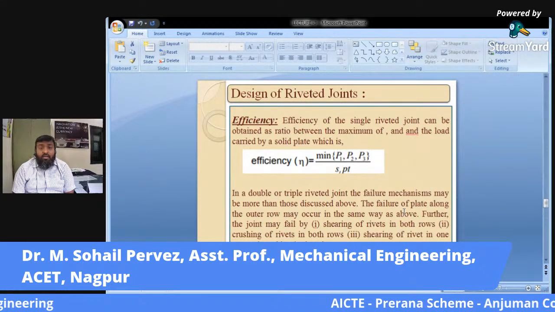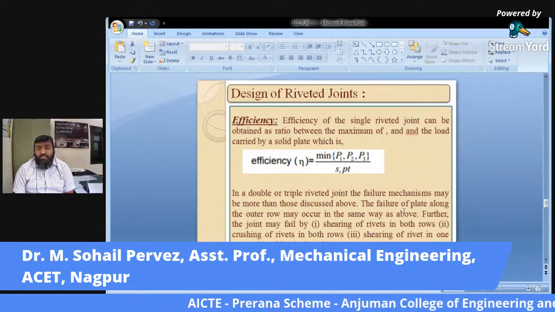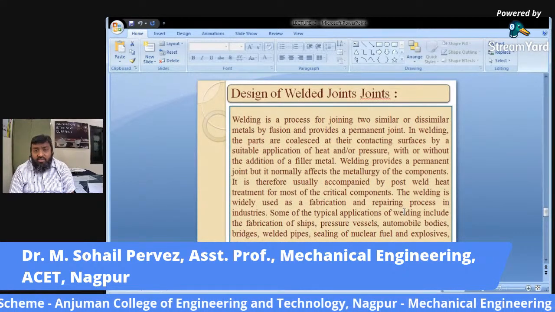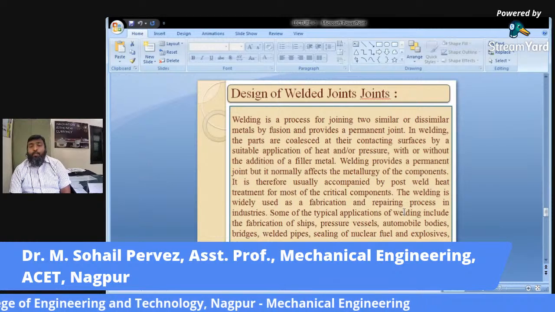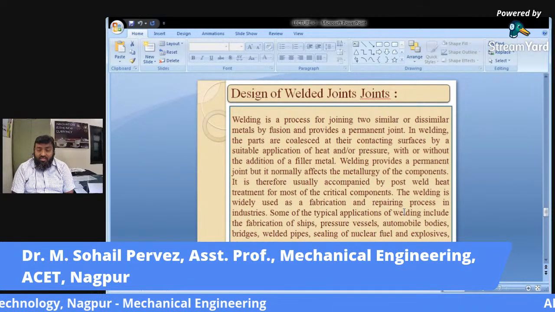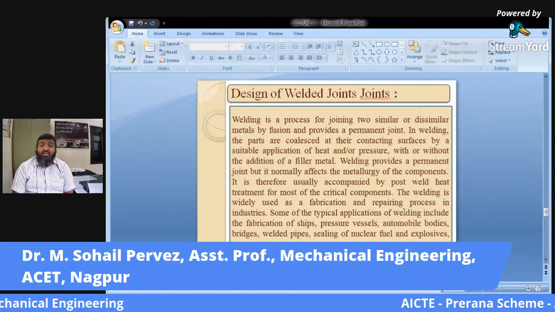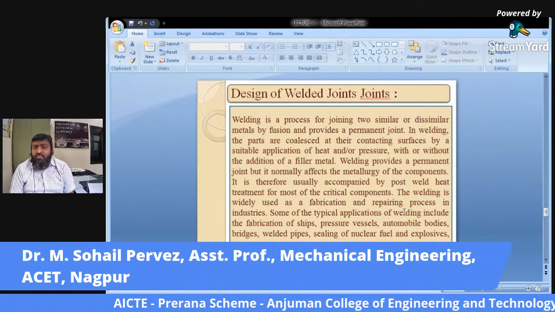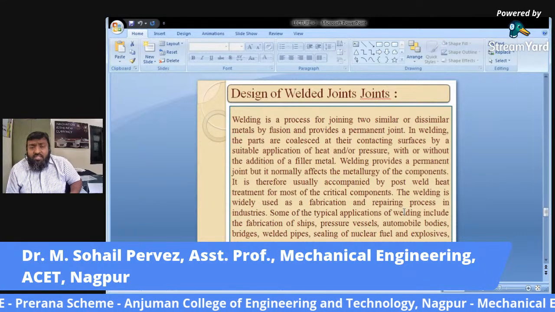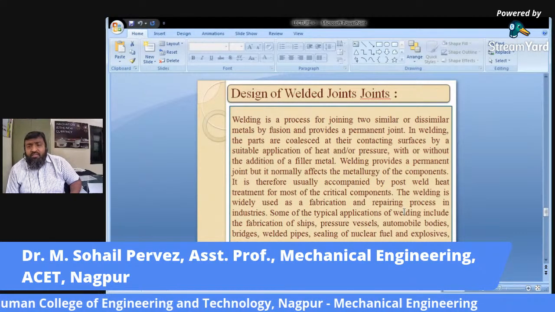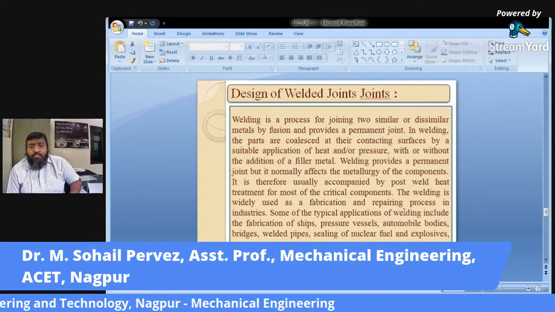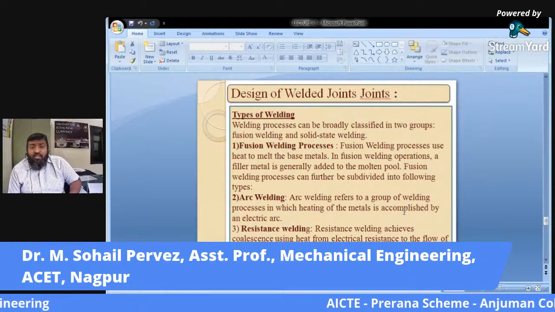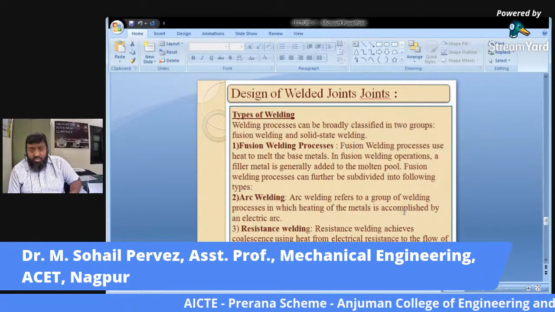As far as welded joints are concerned, this is a much familiar joint for all of us, wherein this joint is made by joining similar or dissimilar material by fusing some filler material. Sometimes we may require some filler, sometimes we may not. So this is the basic description. Now we are much interested in types of welding and how the welded joints fail, because we have to design it.